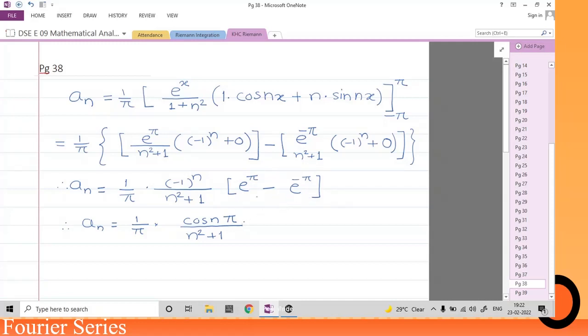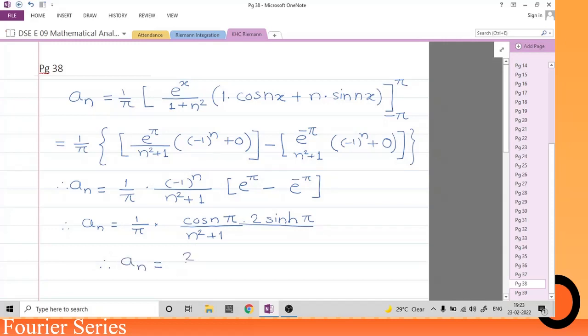And as usual this bracket, similar to a naught, we again write the value for this bracket. E raised to theta minus e raised to minus theta is 2 times sine hyperbolic theta. Now theta is pi. So just you can write in a proper manner.